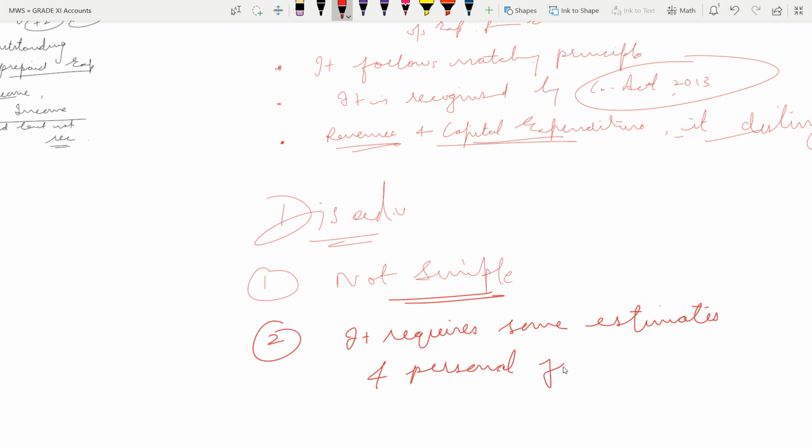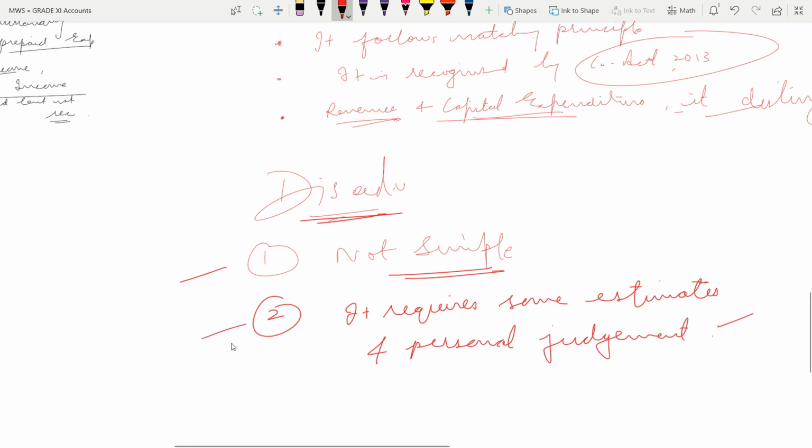So there is involvement of personal judgment and some estimates are required in this. That's why it comes under the disadvantages.